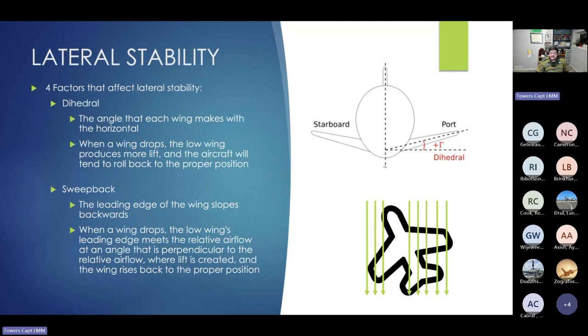When a wing drops, the low wing produces more lift, and the aircraft will tend to roll back to the proper position. This little aircraft model has 0 degrees because it's just flat. But if it's angled up as it is on here, if you can imagine that it's rolling to starboard, this wing will drop, and now this wing is going to be producing more lift because it's more in line with the airflow rather than this one, which is angled way up here.